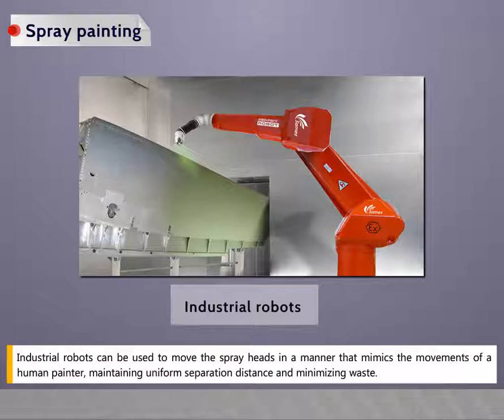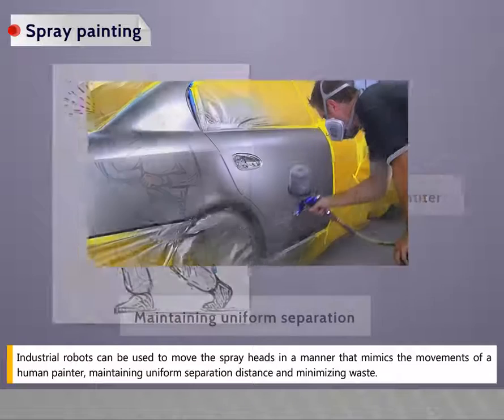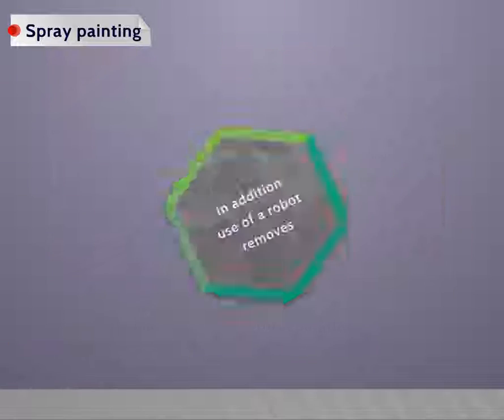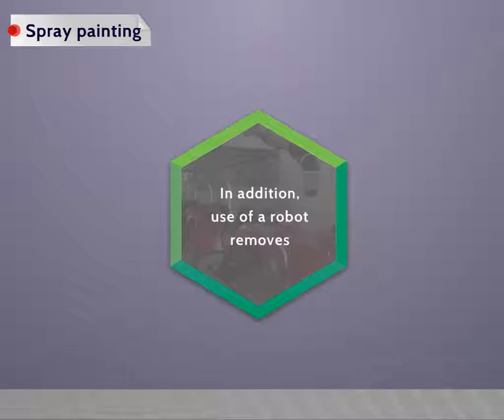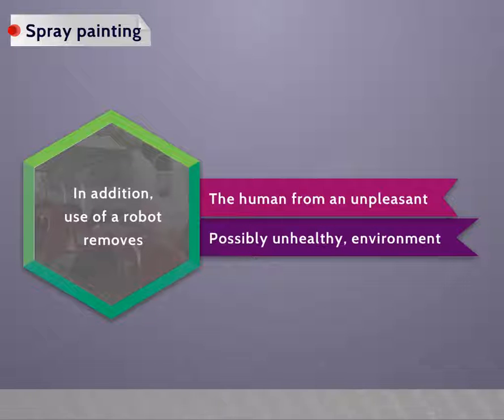Industrial robots can be used to move the spray heads in a manner that mimics the movements of a human painter, maintaining uniform separation distance and minimizing waste. In addition, use of a robot removes the human from an unpleasant and possibly unhealthy environment.